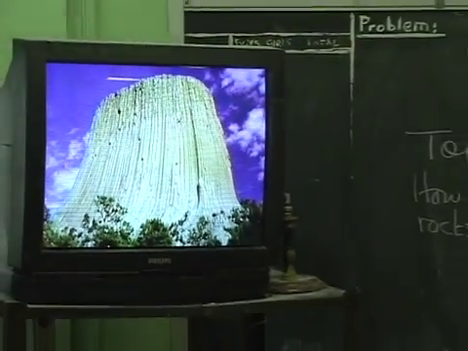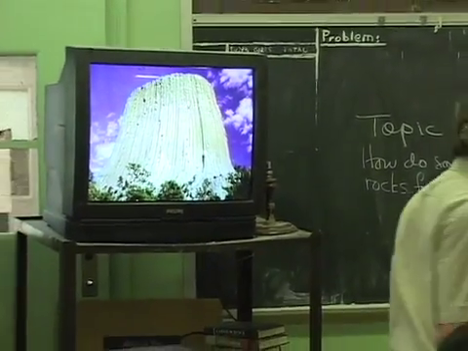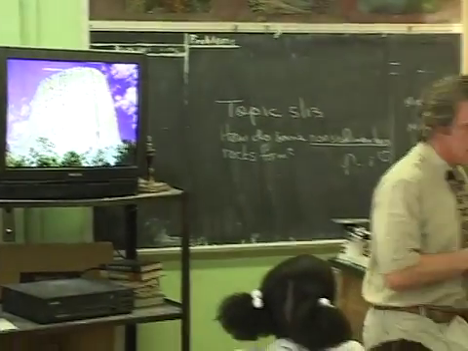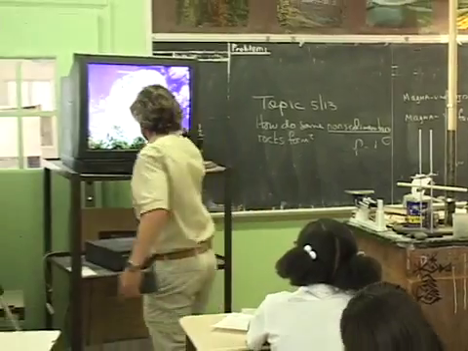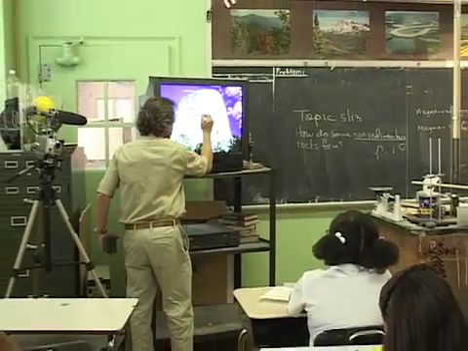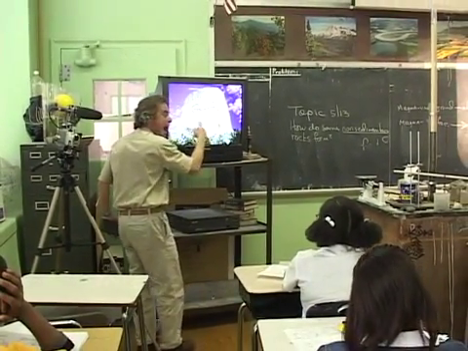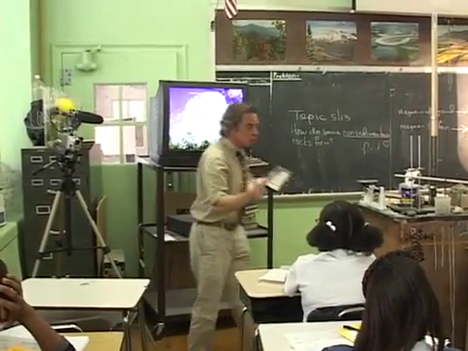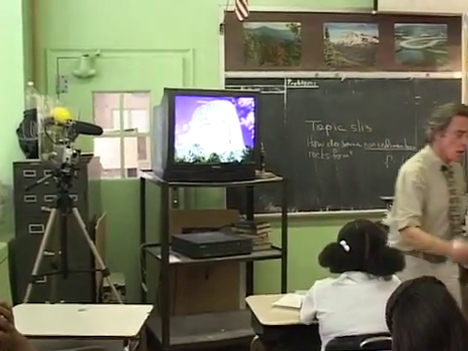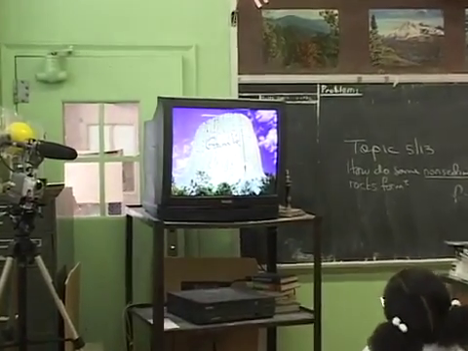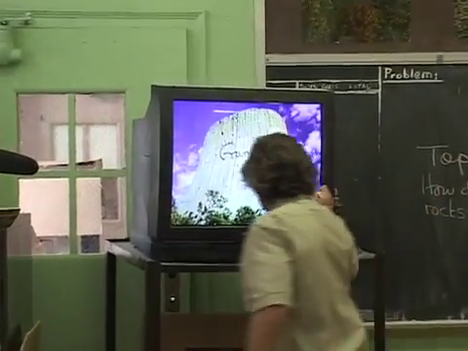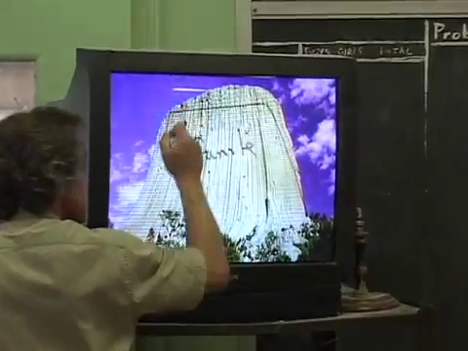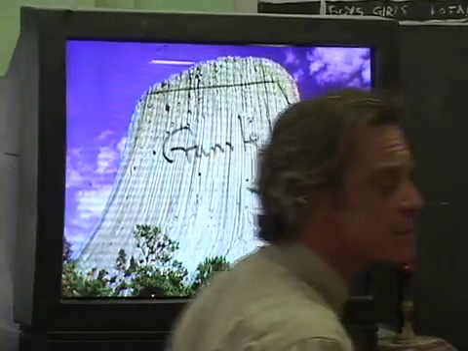It's called Devil's Tower. I believe it's in Yosemite. It's out west. Now this is solid granite. How could you explain, since granite cools underground slowly, that's why it has big crystals, how in the world can this piece of granite be above the surface?